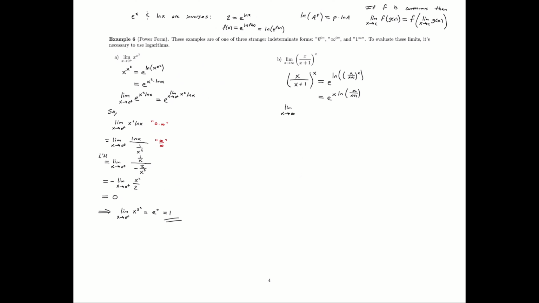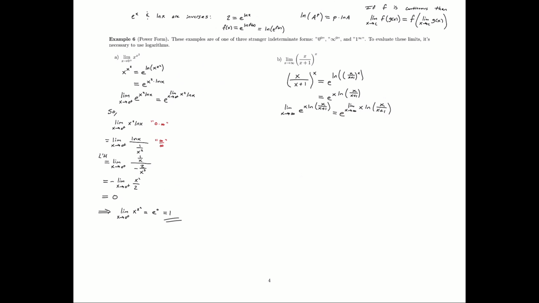We're going to infinity of this e to the x ln x over x plus 1 is exactly the same thing as e to the limit as x goes to infinity of x ln x over x plus 1. Just like before, with that, we can then just examine this limit, get the answer, and then raise e to whatever that answer is to this limit.